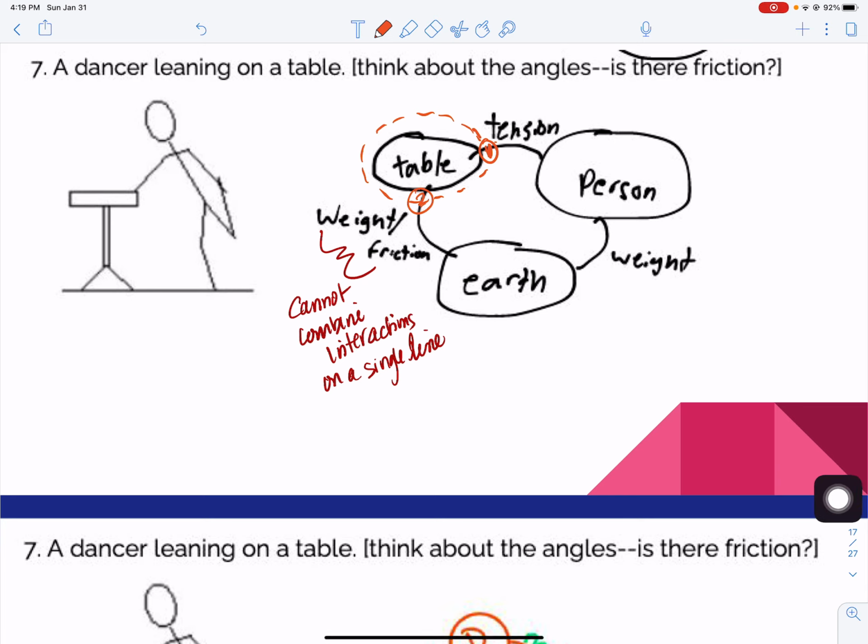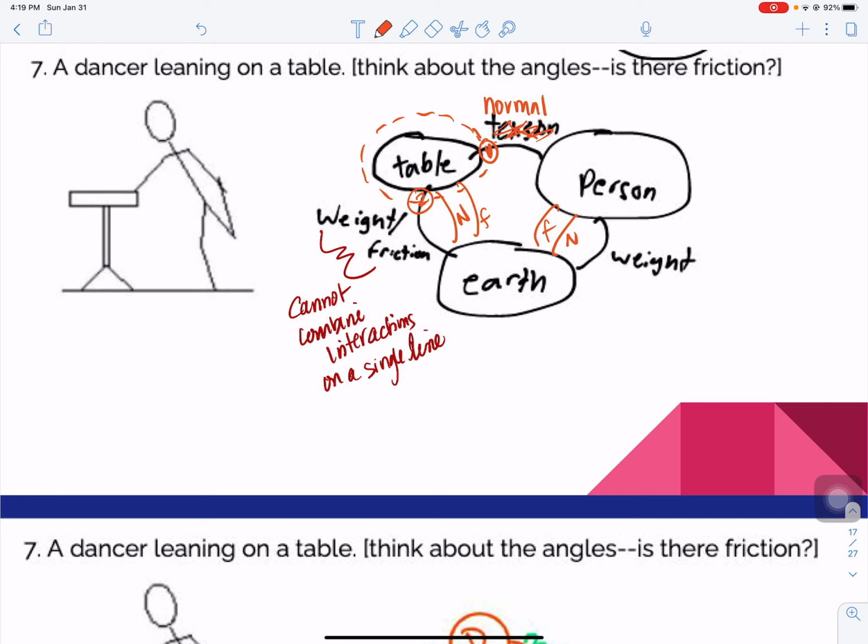Plus, we know we're missing things, so we need to have normal. I'm going to put a separate line for friction, normal, friction, and we have one more issue: not tension, okay? They're pushing against each other. Push is a normal. Tension is a pull. And remember, normal, I hope you remember, means perpendicular.